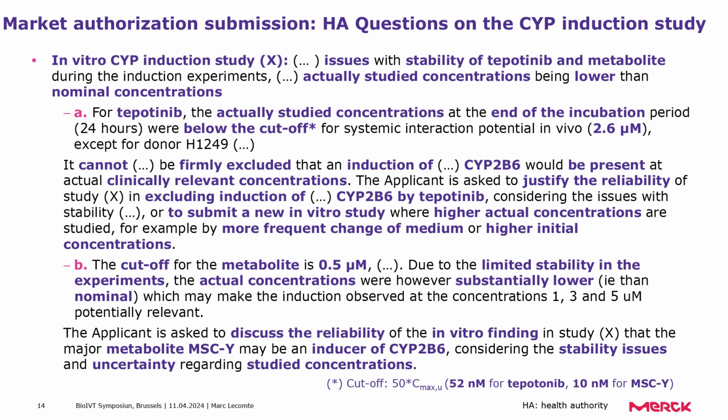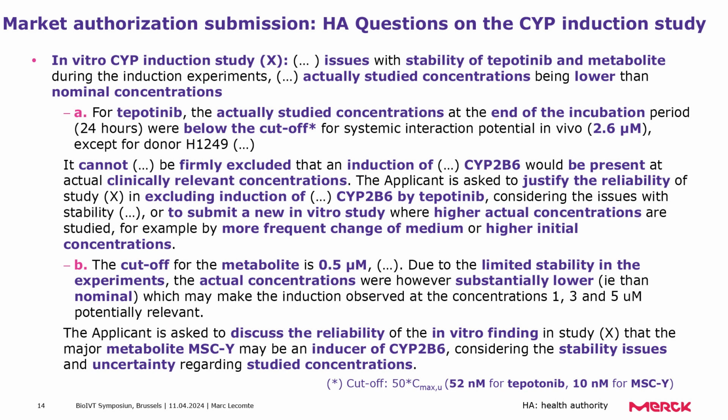And then they said it cannot be excluded that there is induction of 2B6. Remember, I said in the previous slide that for tepotinib there was no induction of 2B6, but they say it cannot be excluded that 2B6 induction could be present at clinically relevant concentrations. So we have to submit a new study or give a rationale for explaining the data. The second part was more critical.